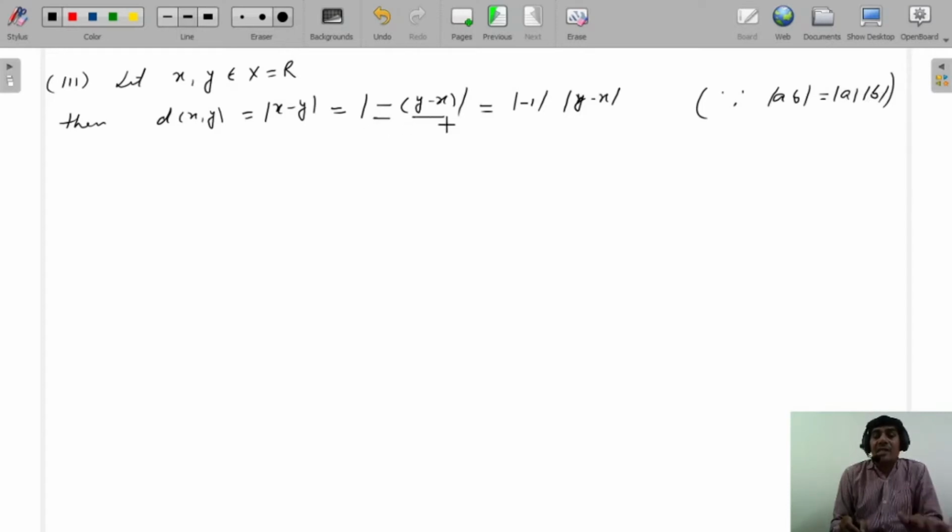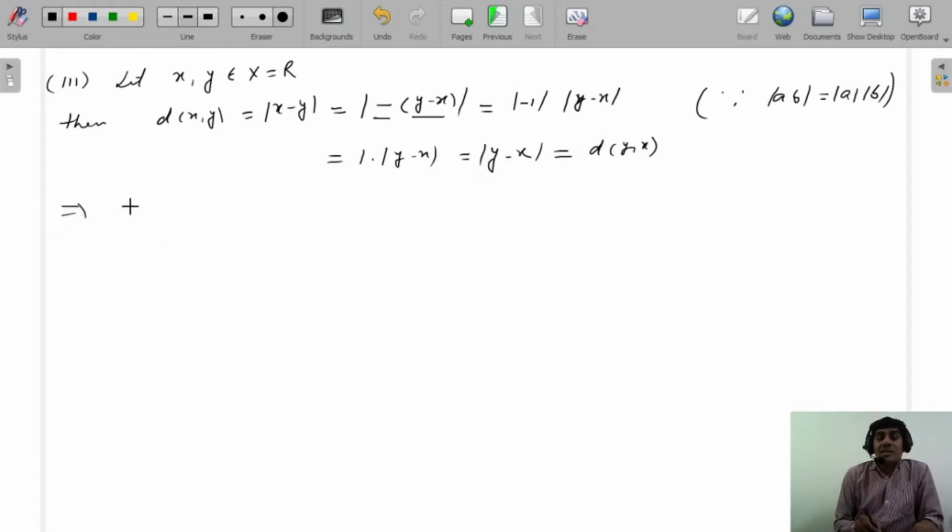We write the product of modulus of minus 1 and modulus of y minus x. Modulus of minus 1 is 1, into modulus of y minus x, which is equal to modulus of y minus x. We can write modulus of y minus x as the distance between y and x.